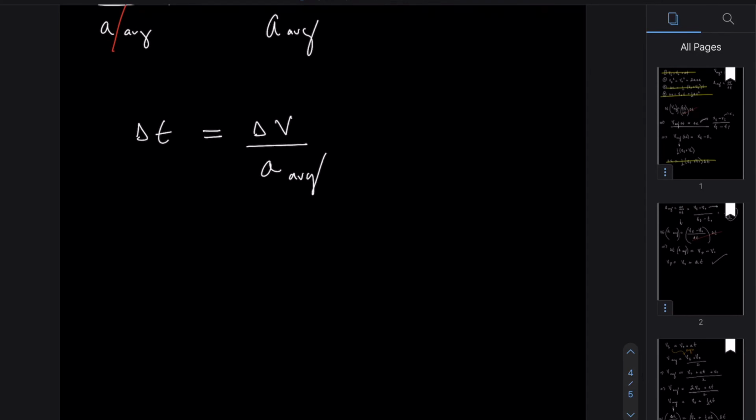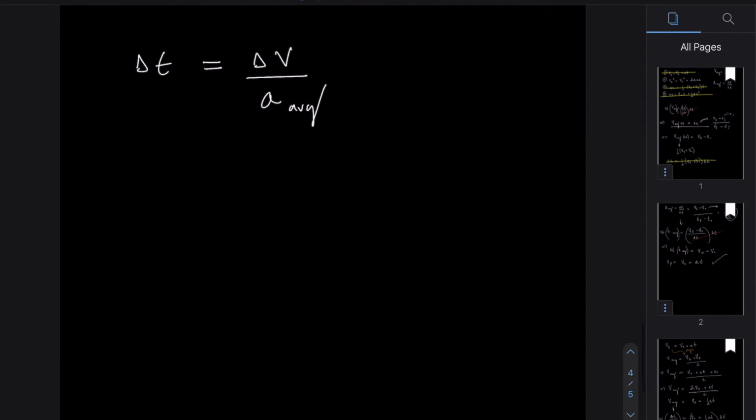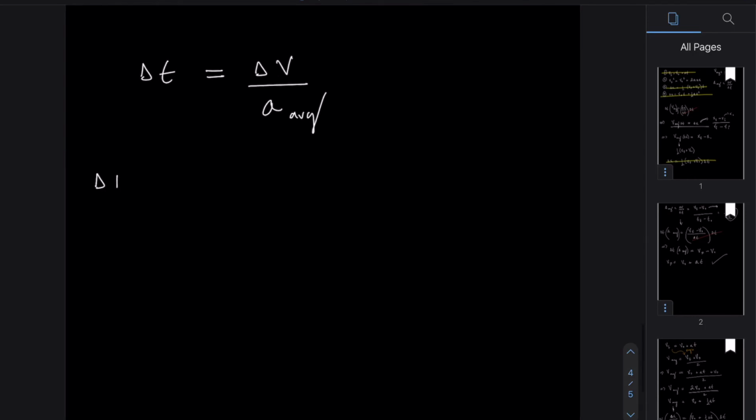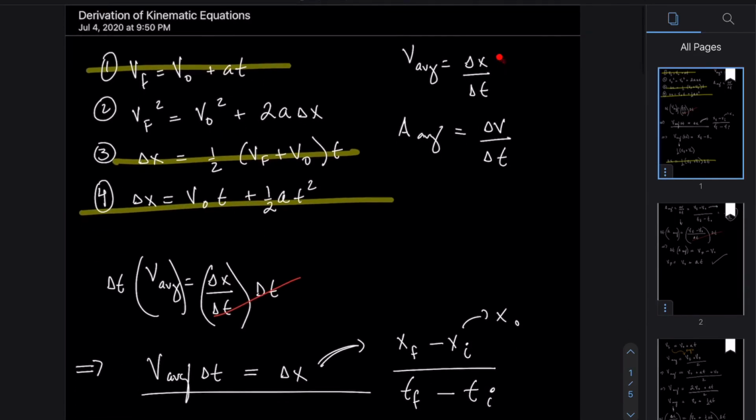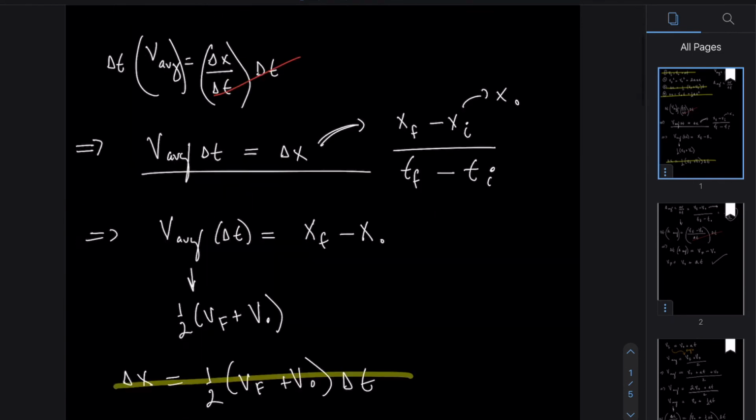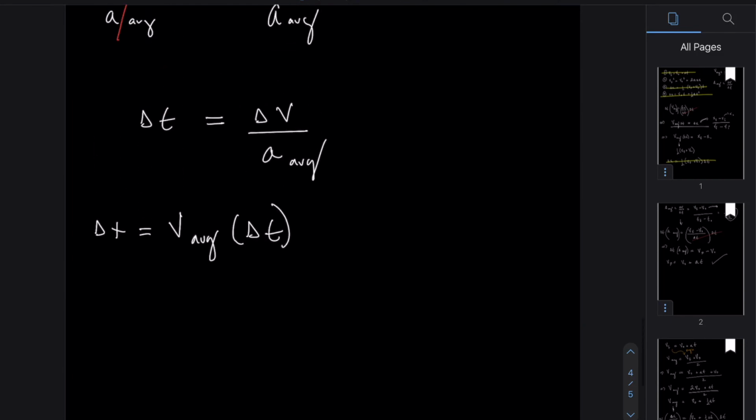So going forward, I want to keep three things in mind here. The first is that displacement is equal to average velocity times the change in time, right? And this is just me rearranging, going back to the beginning here, this equation, right? All I did is multiply both sides by time. And I got this equation right here.